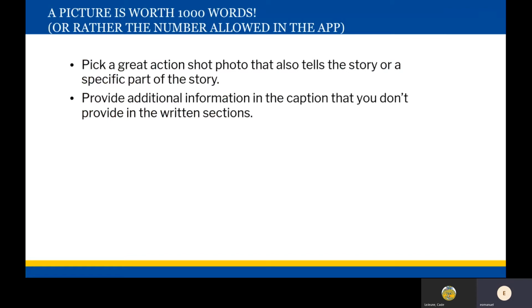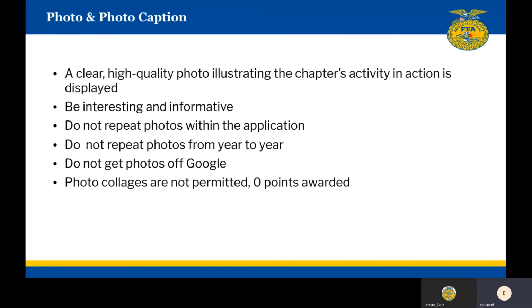And so the caption on that will talk about how the students formed connections with specific people and really go into detail about what members said about their resident that they adopted, and different connections that they had. Like, we had students that went back on their own time during Christmas break to visit with those same residents that they had adopted again. So we would say things like that in the photo caption because there's nowhere else in the application to address that. And so that's really nice.